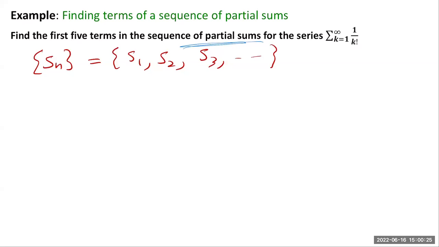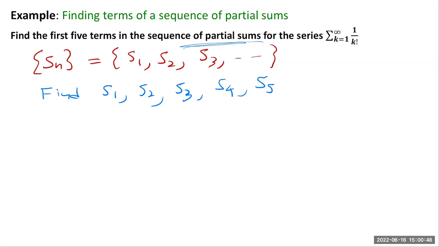We are asked to find the first 5 terms of the sequence of partial sums. That means the first term is of course S1, the second term is S2, then S3, S4, S5. Those are the terms that we need to find.